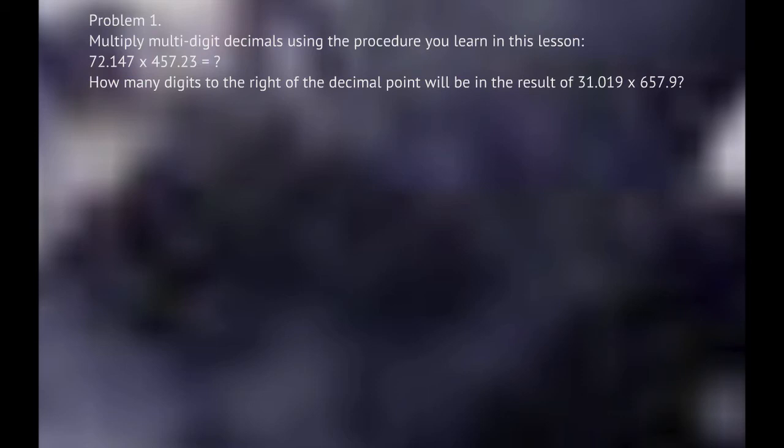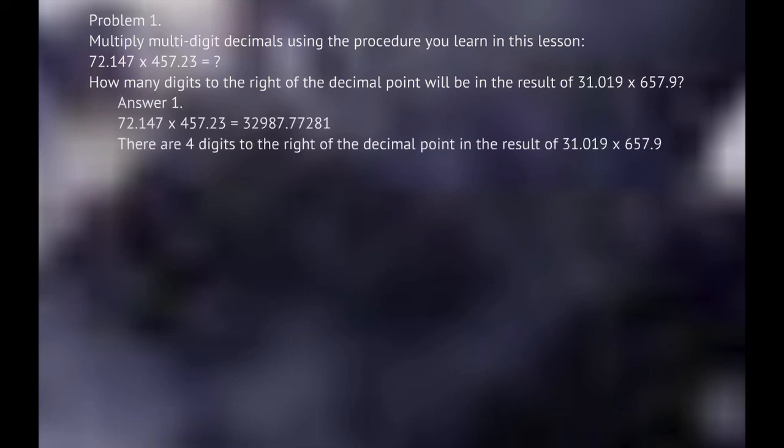You can see that 31.019 has 3 digits to the right of the decimal point, and 657.9 has 1, so that you know that there will be 4 digits to the right of the decimal point in the final result. Here are the answers to the questions. You can pull out a piece of paper and do them both and see the results.